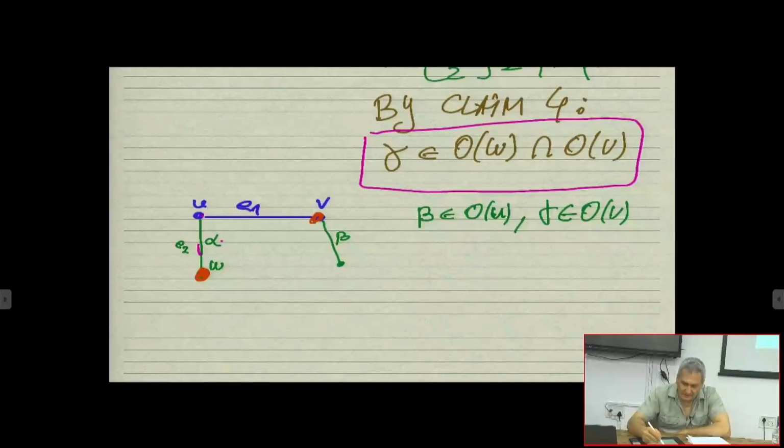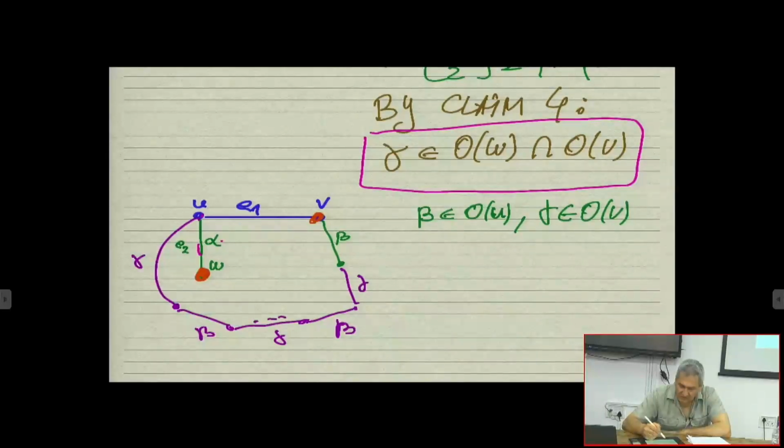Let's draw it. Let's use some other color. So we are going to have like, here first, because this gamma is missing, here will be gamma, then we have some beta, then gamma, then beta, then gamma, and so on.